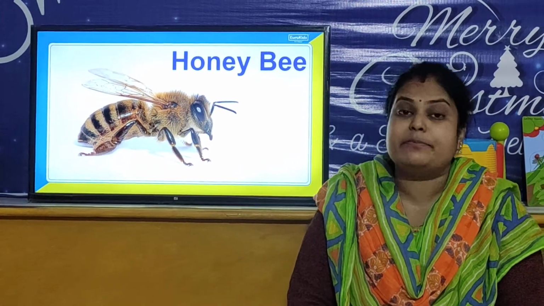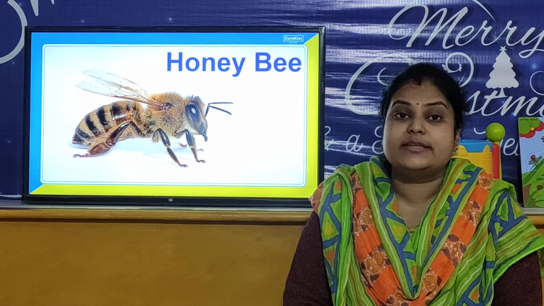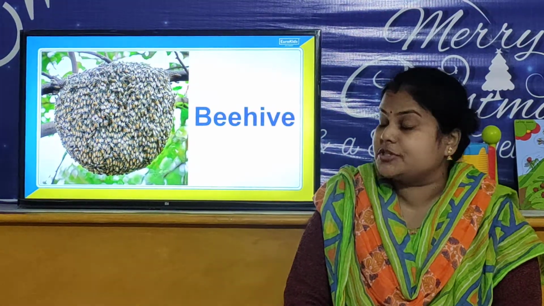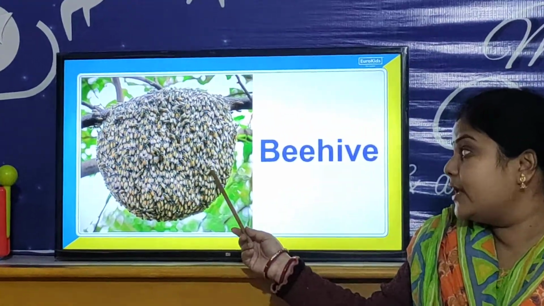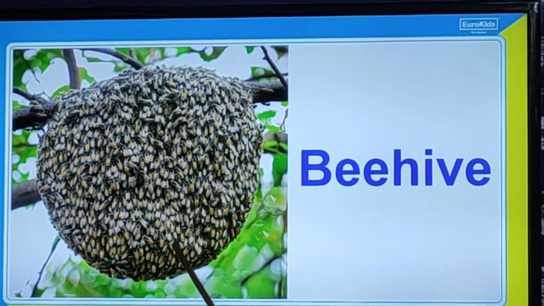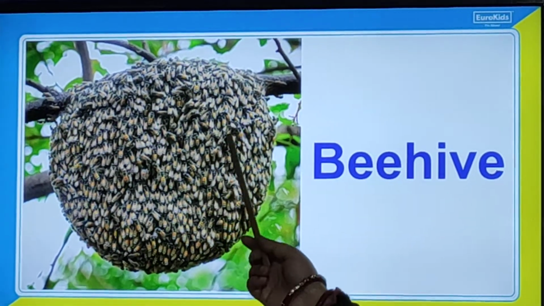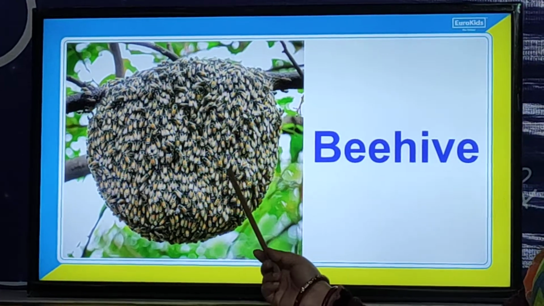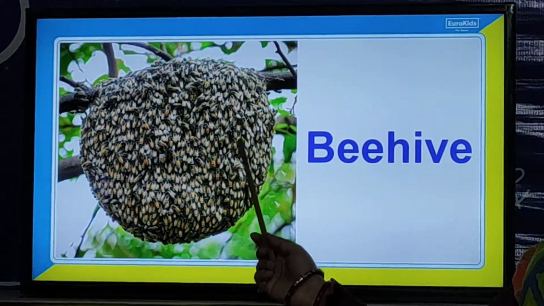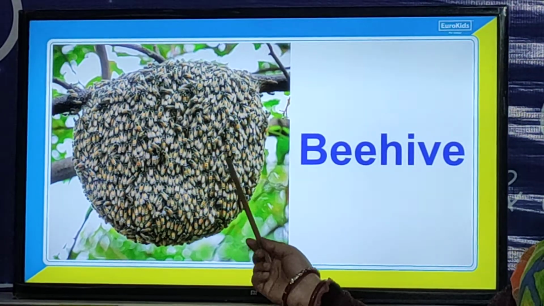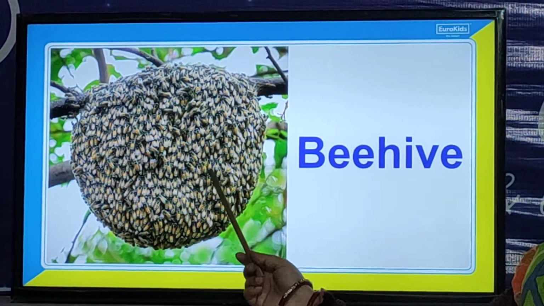And children, bees too live together in the beehive. So children, let us look at the picture of the beehive. Look here, this is the beehive and so many honeybees are there in the beehive. They live together, and in the beehive there is a lot of honey present inside.